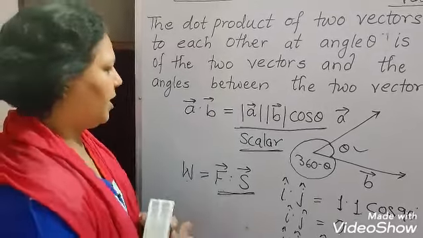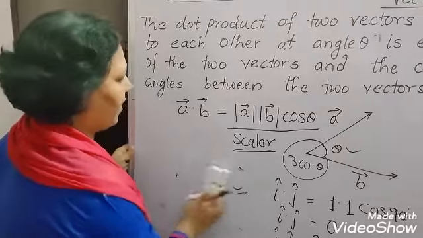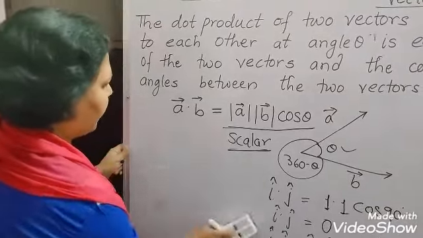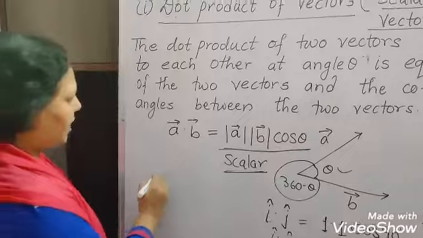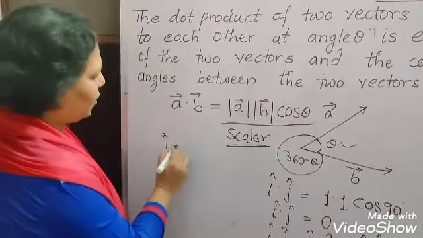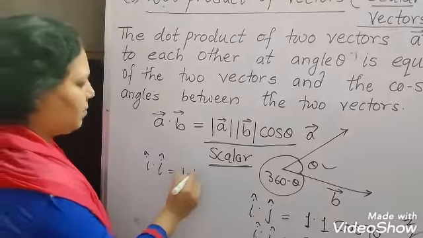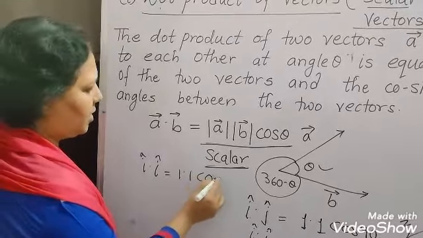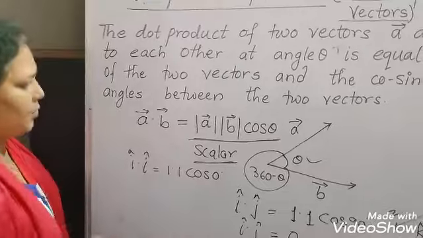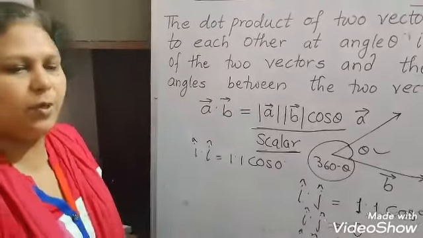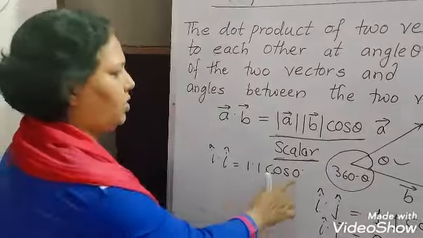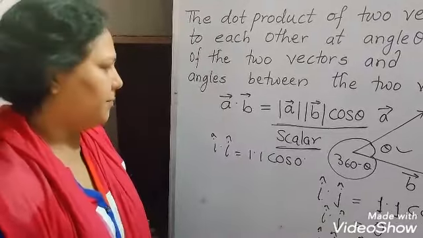But if we are taking the same vector, for example I dot I, the magnitude is 1, the magnitude is 1, and this will be multiplied by cos 0, because the angle between the same vector is 0 degrees.